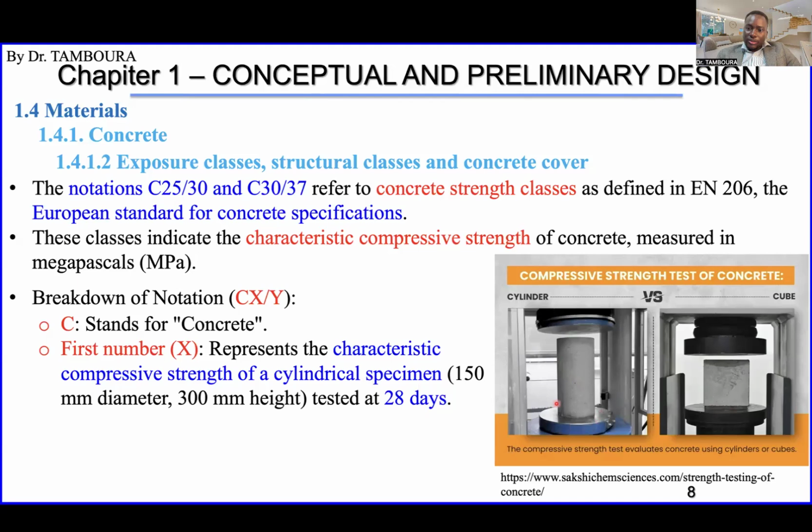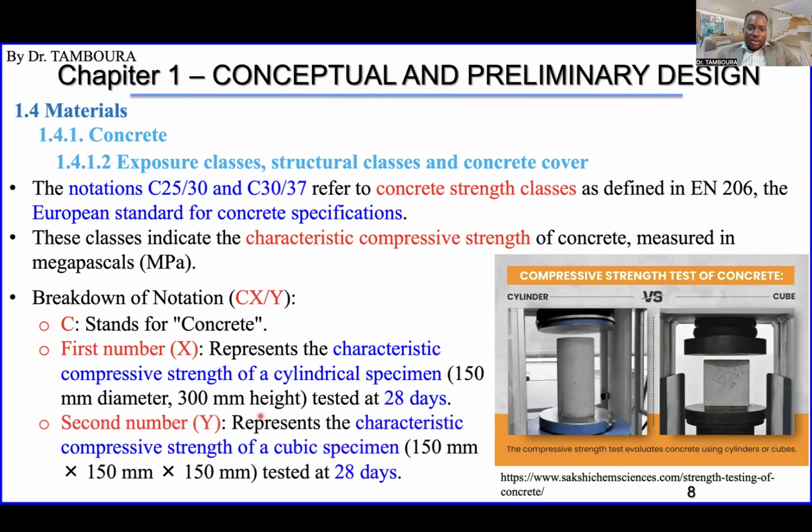This specimen, okay, and the dimensions are here, and tested after 28 days. And the last one, Y, represents the characteristic compressive strength of the cubic specimen with this dimension, at 28 days age, okay.